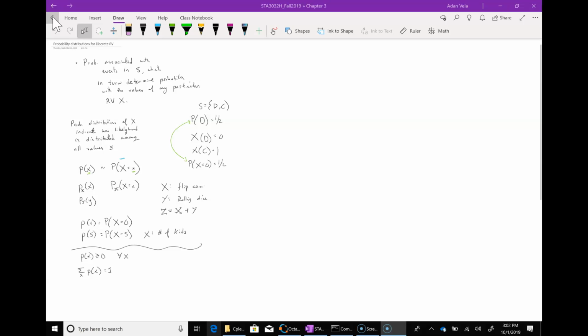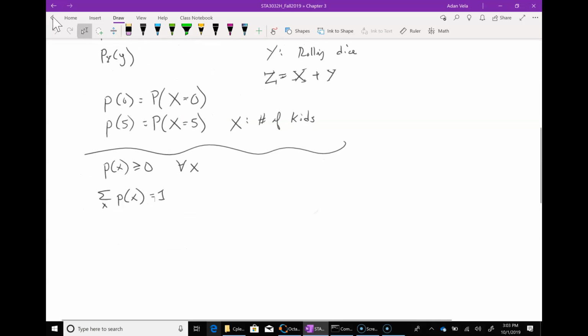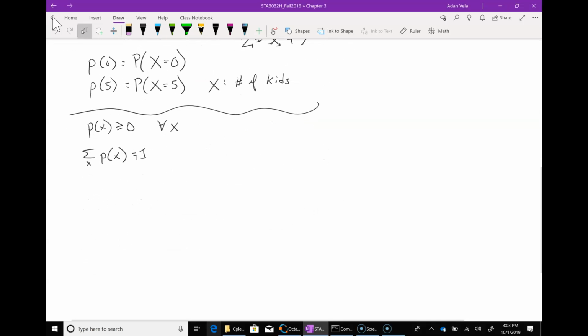In some ways it's very similar to what we were doing before, except the distinction here is that probability is not necessarily distributed evenly. We're going to have a lot of cases where probability is distributed unevenly, and we want to account for that in the questions that we ask.